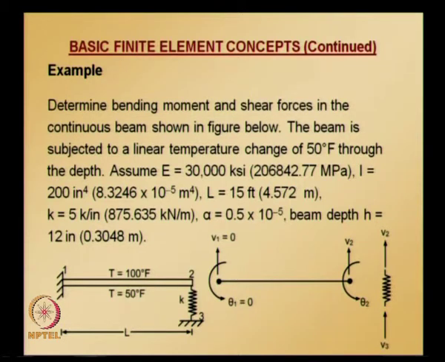So we need to calculate MFT. MFT is the fixed end moment because of the temperature change, and that can be computed using the EI value, the temperature change of 50 Fahrenheit, the coefficient of thermal expansion alpha, and the depth of the beam, which is also given there. So using these values we can calculate MFT.